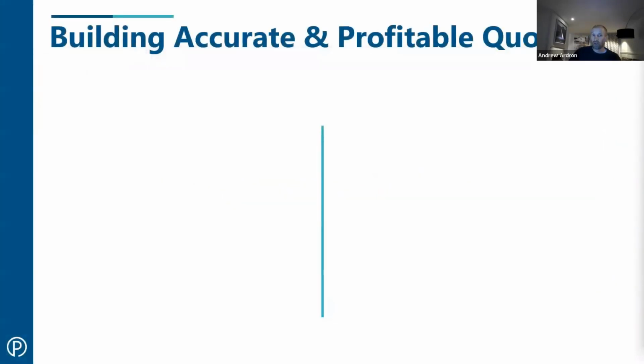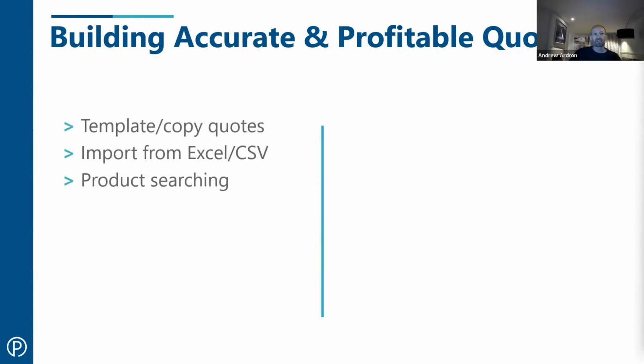So quite a lot of things for us to talk about here. I'll talk about some of these pretty quickly, and some of them I'll get into a bit more detail. Some of the key things that will allow us to accurately, profitably, which means quickly, of course, build our quotations is, if we take a bit of time in advance to build some template quotes, or think about some quotes that we might be able to copy, then we can avoid rekeying all of the products and prices from scratch.